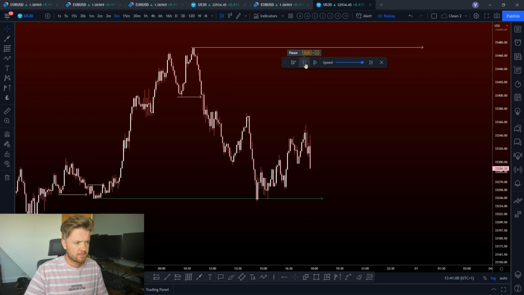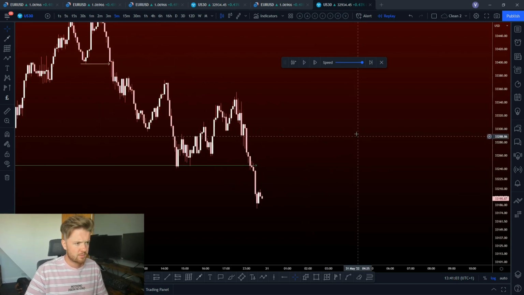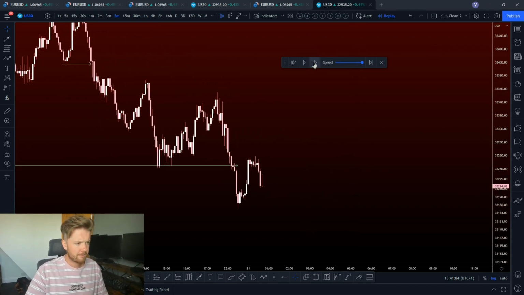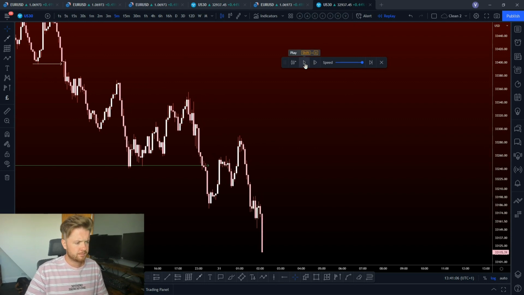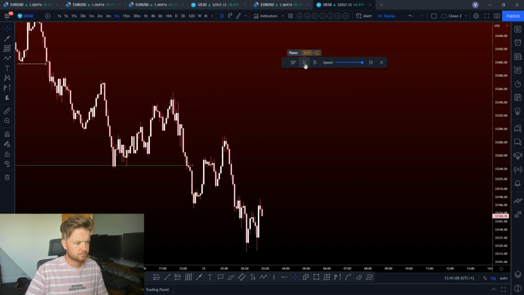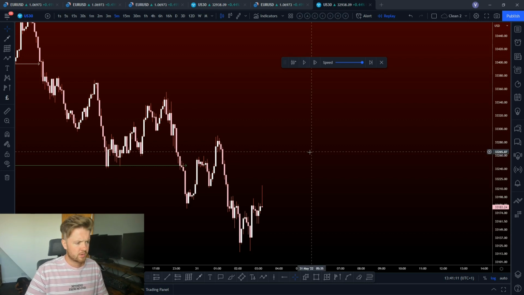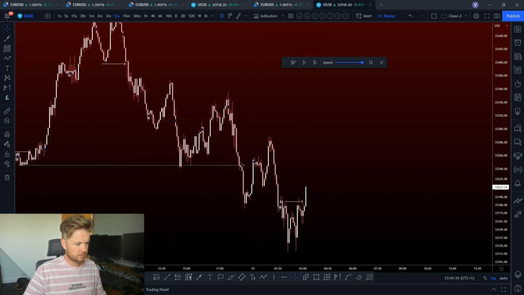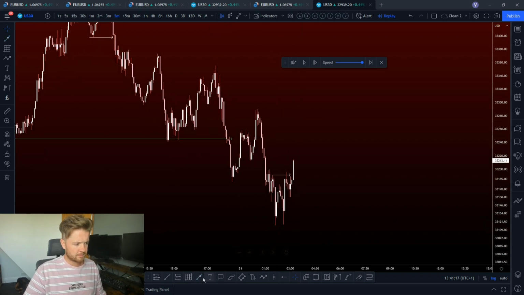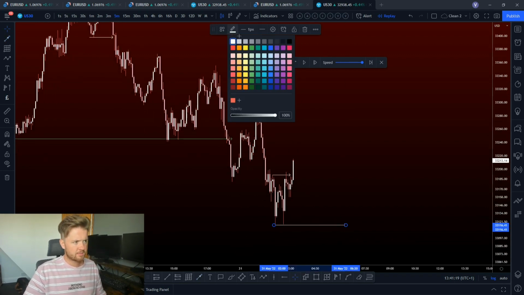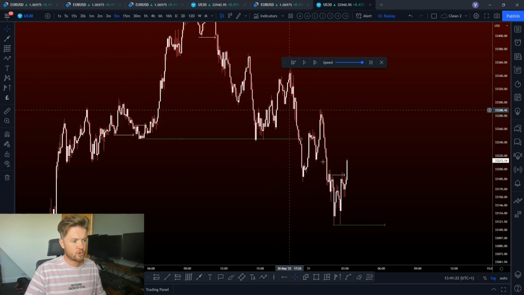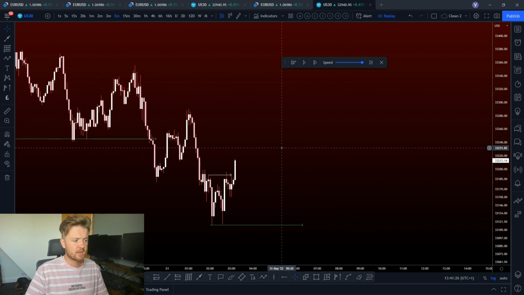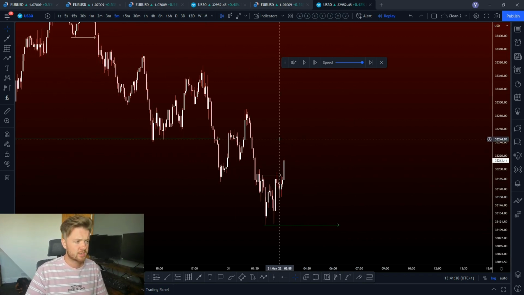Once you get the breakdown, like so, and then you get a break of structure to the upside, that is the last swing low. And obviously this is now the first lower swing low, which means that the swing structure has now changed. The swing flow is now changed to bearish.